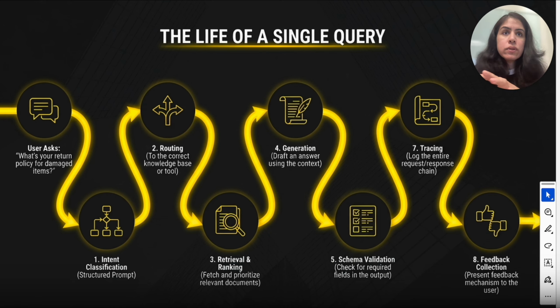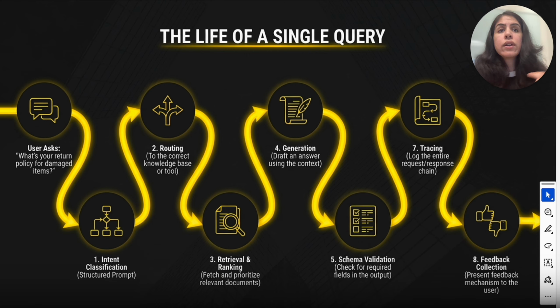In the offline world, we construct the system prompts with behavior patterns and test against various models. In the online world, when the query arrives, number one, intent classification is happening using structured prompts, determining what the user really wants.